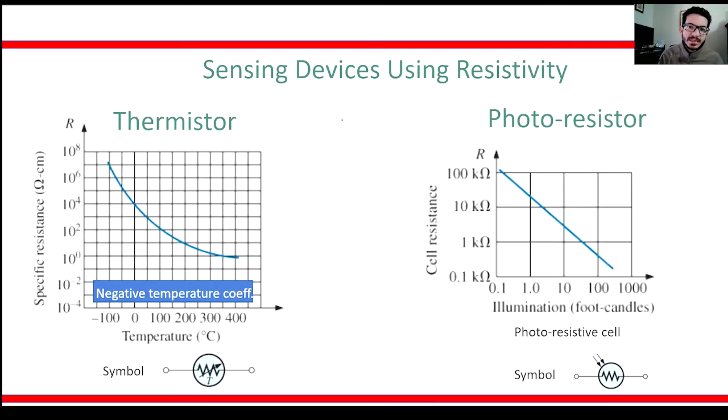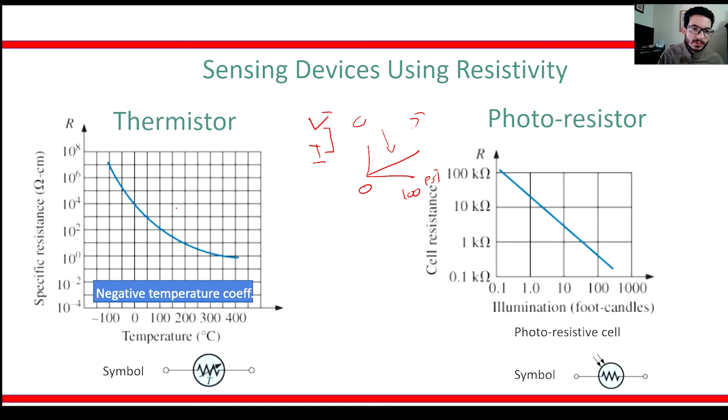Also, sensing devices using resistivity. This is very useful because we can have sensors that use this concept: if you want a voltage and you want a current to be your value. So 0 to 5 volts will basically mean 0 to 100 psi, for instance. If you have 0 to 100 psi, but you measure 0 to 5 volts, you can have this transfer function. You can have that with a variable resistor, for instance, or a temperature-dependent resistor called a thermistor, right?